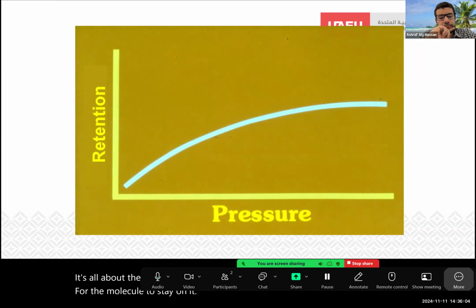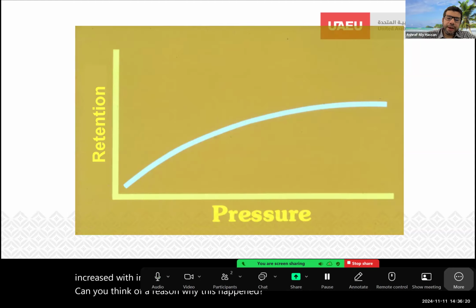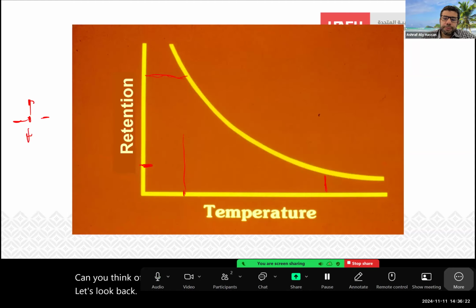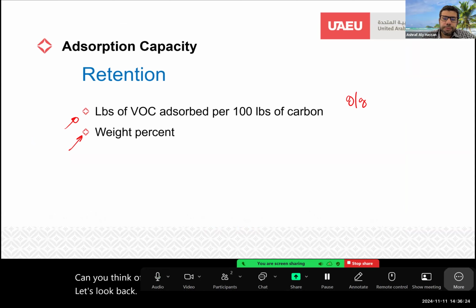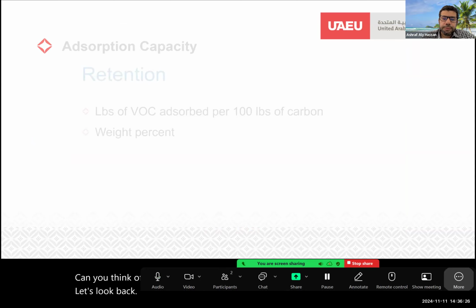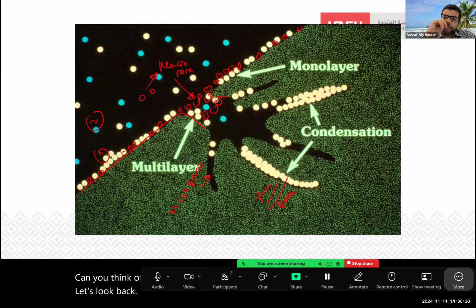So that was temperature. Pressure is another thing. Retention is actually increased with increased pressure. Can you think of a reason why this happens? Let's look back. Over here, remember when I told you that this macropore gets blocked?